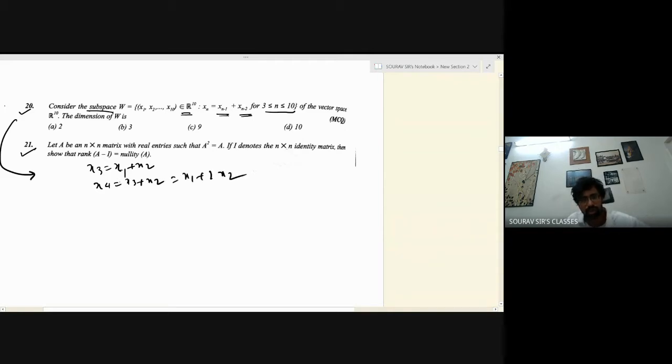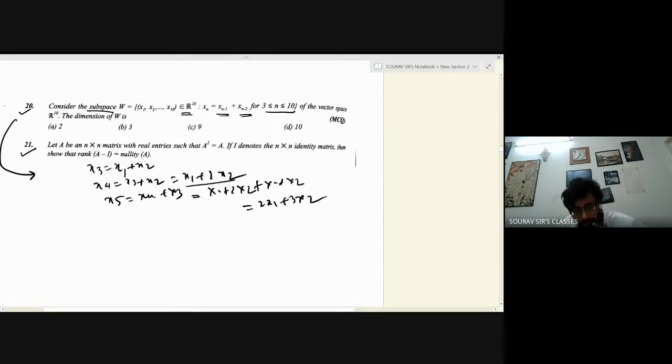Why? Because x3 will again be replaced. x5 is x4 plus x3, where x4 is x1 plus 2x2 and x3 is x1 plus x2, so 2x1 plus 3x2. And so on.